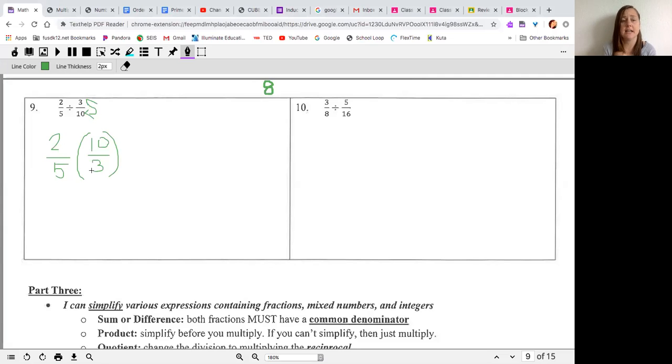Now that I have done that, I need to see 2, 5, and 3 again are prime numbers. But what about 10? Does 10 go into 3? No, not evenly. But 10 and 5 do share common factors. Okay, so 1 times 5 is 5, and 5 times what is 10?